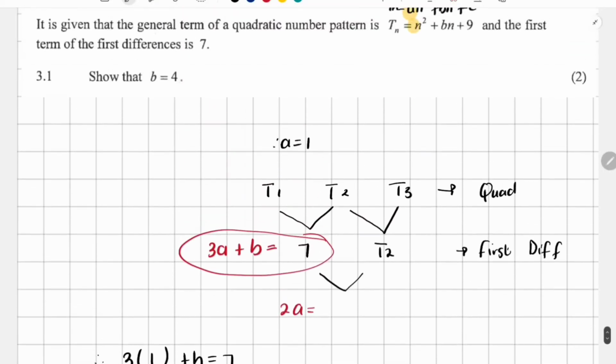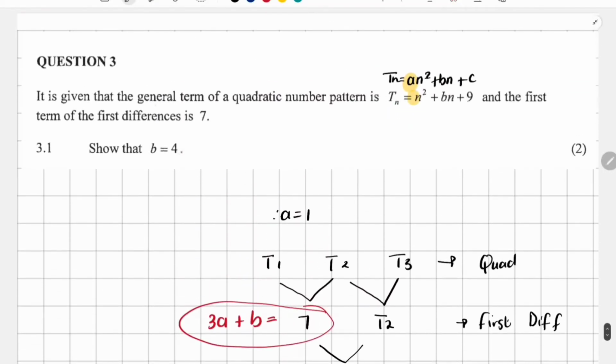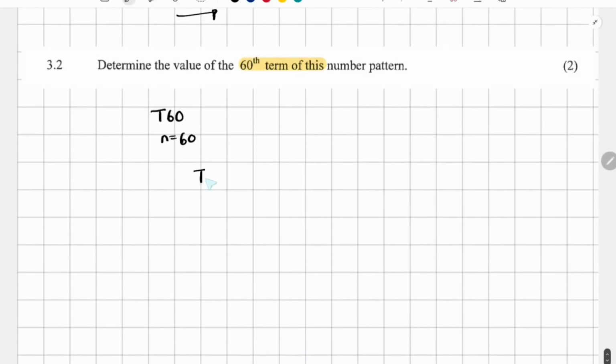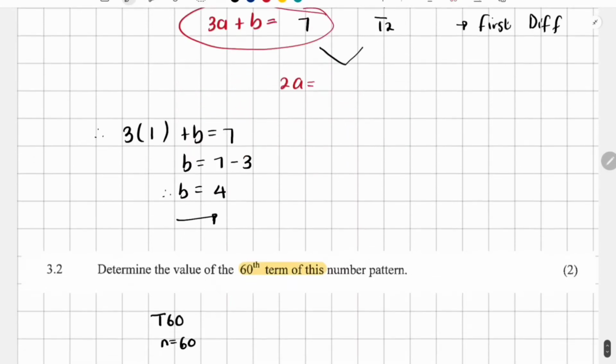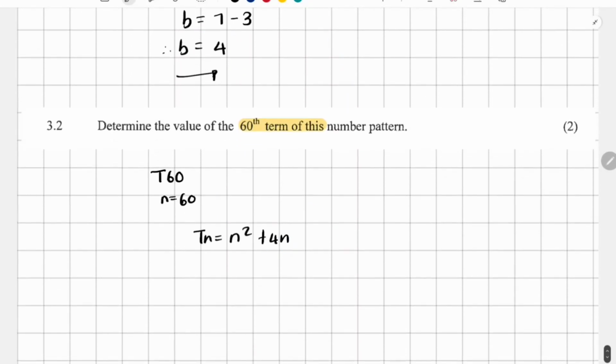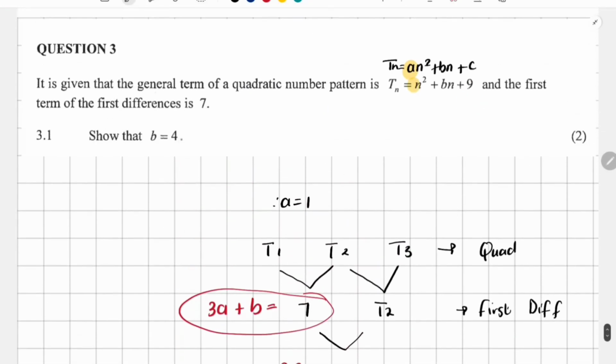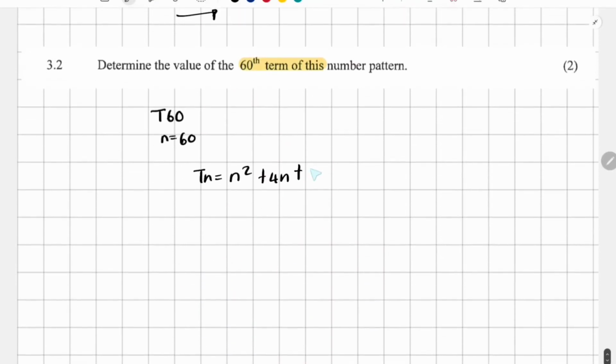your general formula. Our general formula is now Tn is equal to n squared. So Tn equals n squared. Now we know the value of B is 4. So that's plus 4n. And then, of course, that constant of plus 9 at the end. And now with this, we can just substitute 60 in place of n.